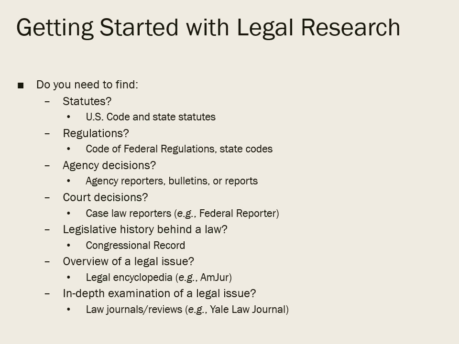Court decisions are going to be in case law reporters. Legislative history behind a law, you're going to want to look at the Congressional Record. To get a good overview of a legal issue, check out a legal encyclopedia or Wikipedia. And then if you want a really in-depth examination of a legal issue, that's when you're going to want to look at a law journal or a law review.